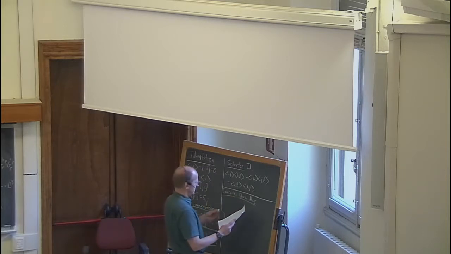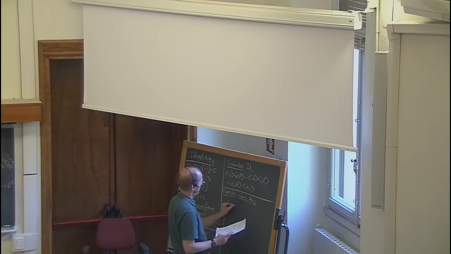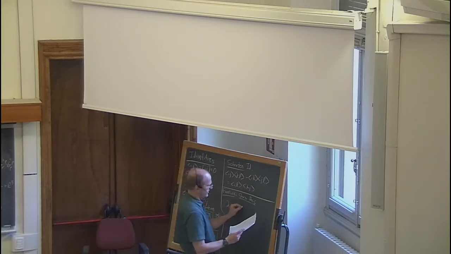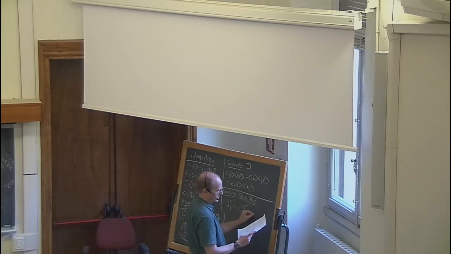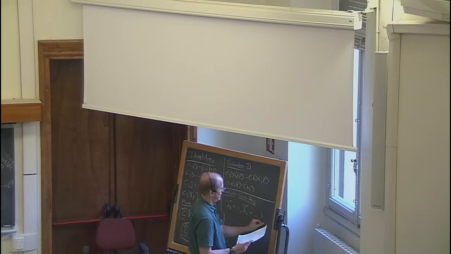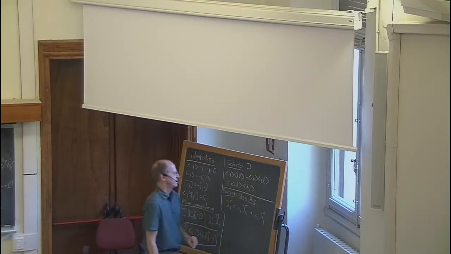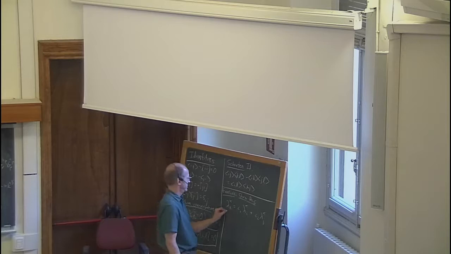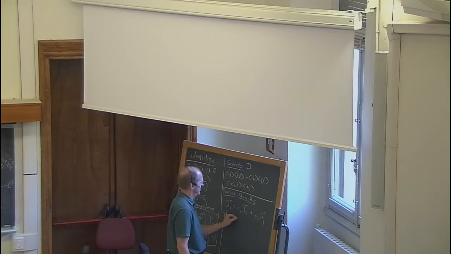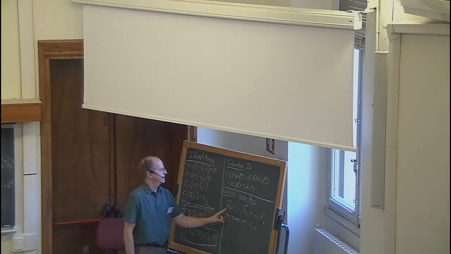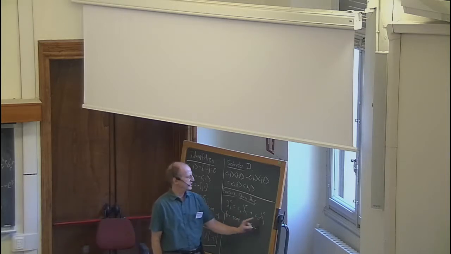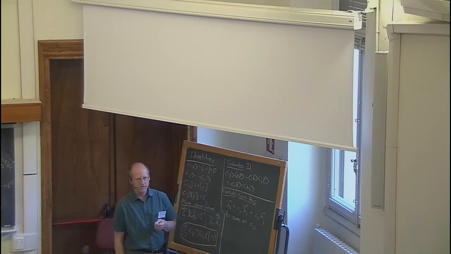And the key to showing it is to first use the fact that lambda k is a linear combination of lambda i and lambda j.